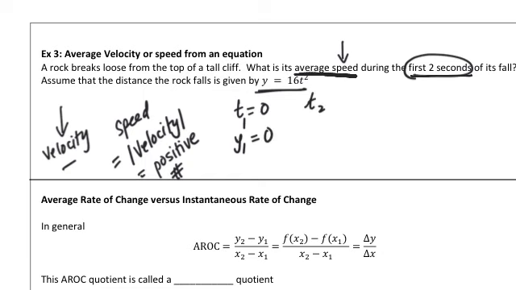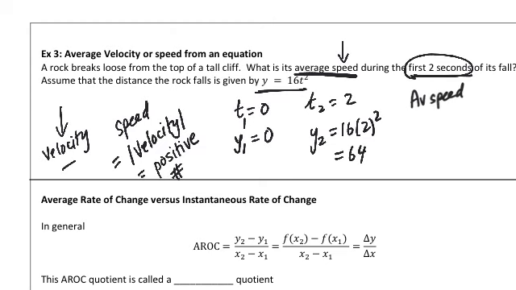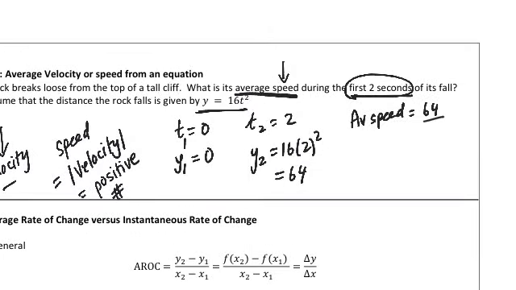Your t2 is 2 seconds, and your y2 is 16 times 2 squared, or 64, right? Okay, so our average speed is just going to be the distance traveled, which is 64 minus 0, right, divided by the time, which is 2 minus 0. So the average speed is 32 feet per second.